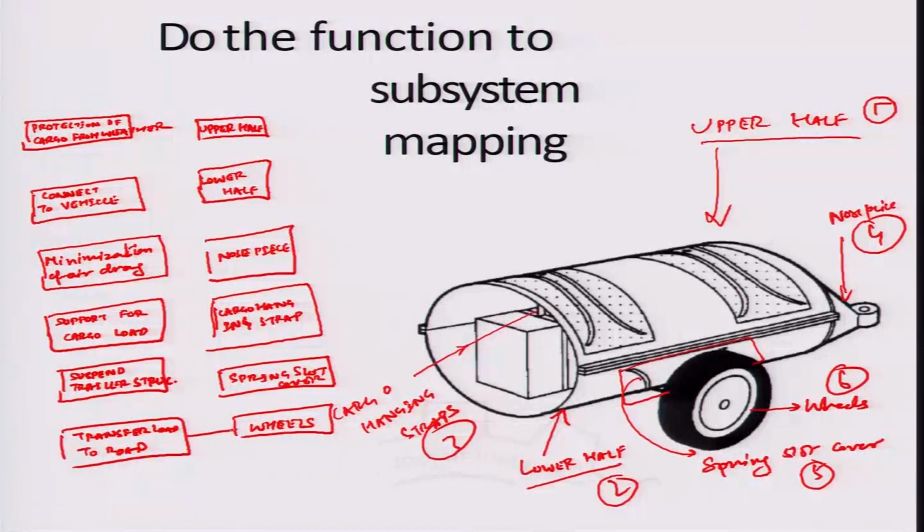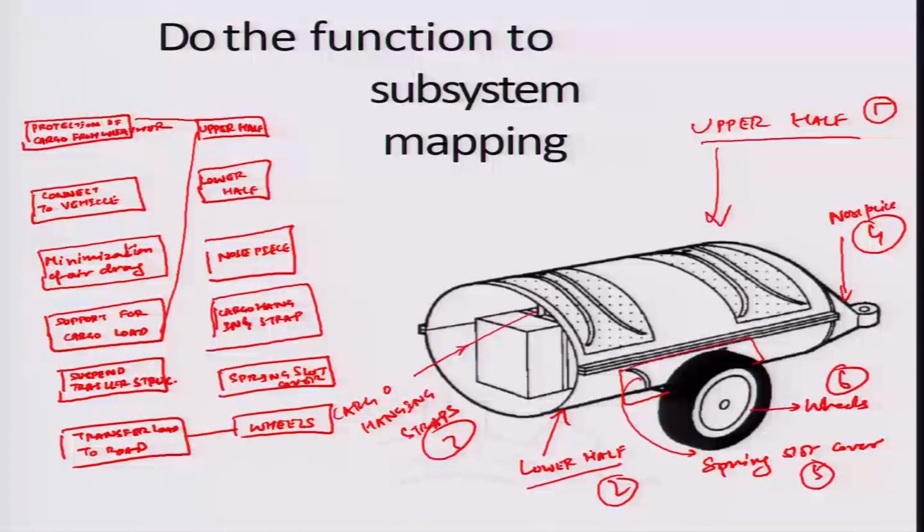Obviously, the wheels are the ones which will transfer the whole load to the road, but if I looked at the other elements, you will see that there are multiple functionalities being done by different elements. For example, the upper half in this case not only protects the cargo from weather, but it also helps in supporting the cargo. Remember that there is a strap through which the cargo hangs on the upper half.